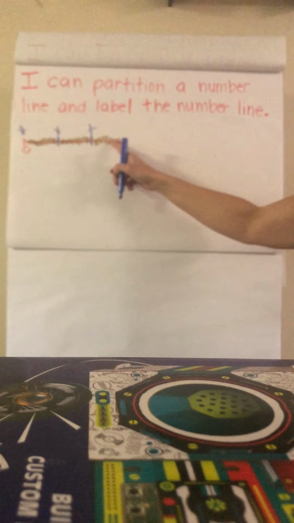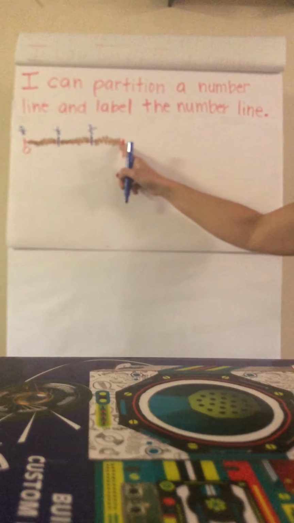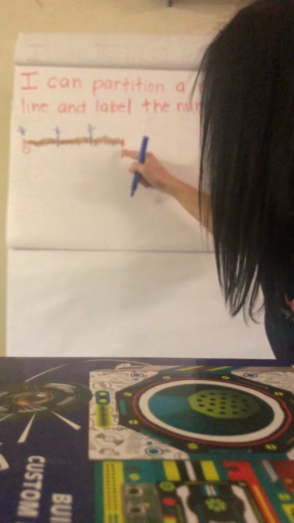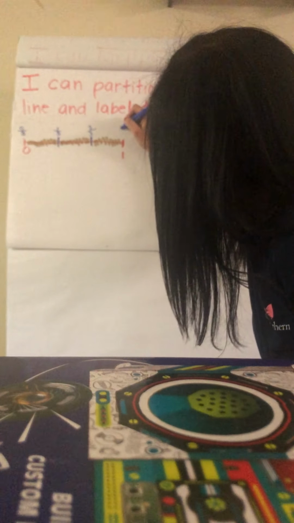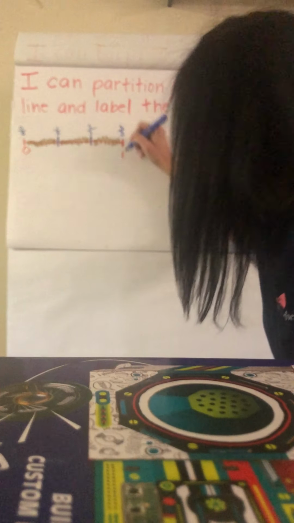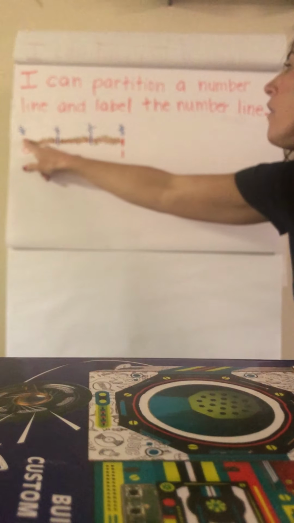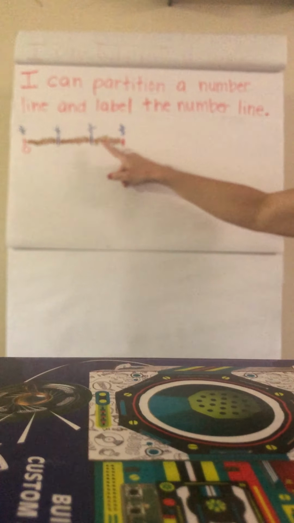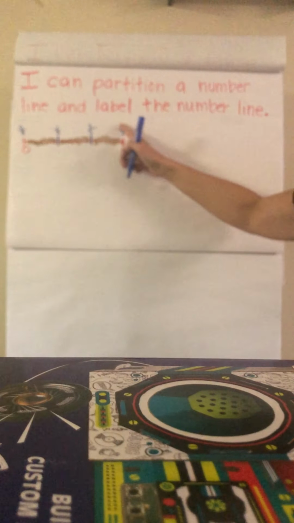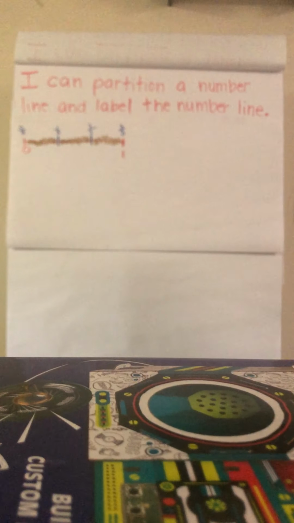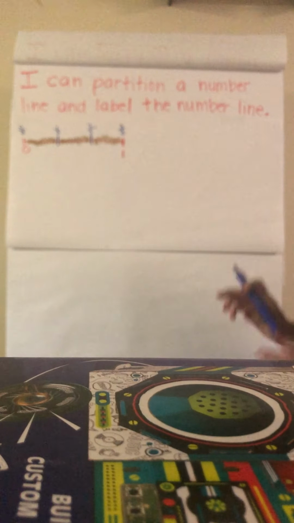And the next one, I'm going to move over to my next hash mark, and I've got 1. I've got 1 whole, or I've got 3/3. I started off with a whole red line, and I broke it into 3 separate pieces, and at 1, I have 3/3. That makes my number line whole.